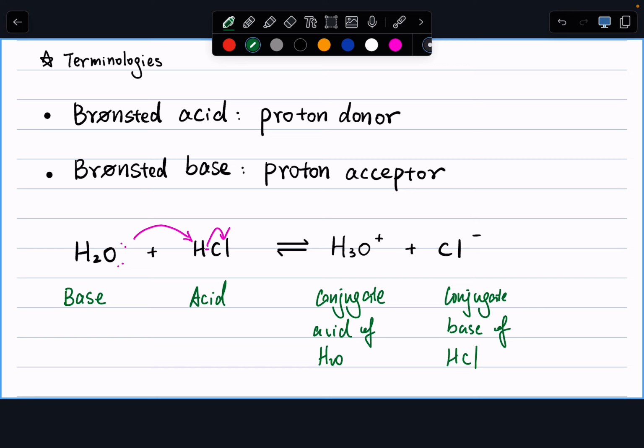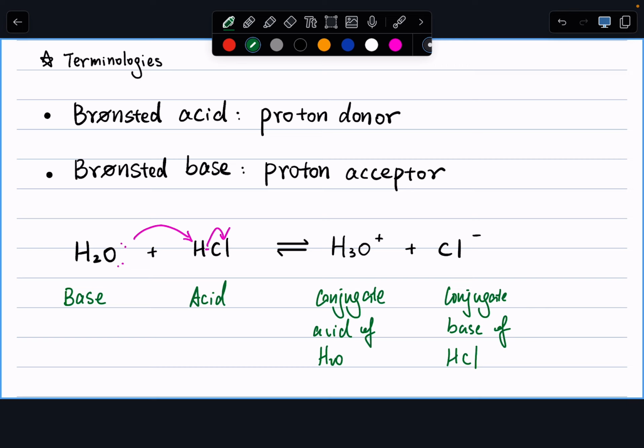And what we're forming? Well, we're forming this one. And that's the conjugate acid of this molecule. We don't know what the conjugate base is because my H plus, that's not known.